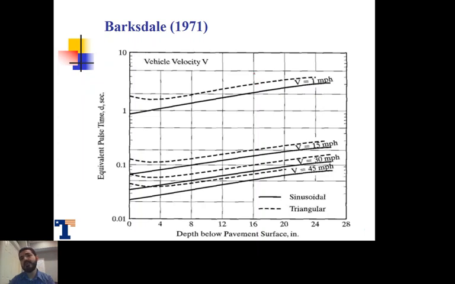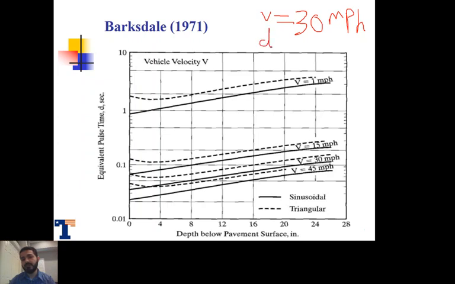For example, let's say I have a roadway where the velocity is actually 30 miles per hour, and I'm interested to simulate this test at a depth of, let's see, 8 inches.